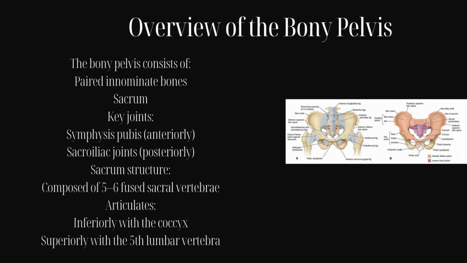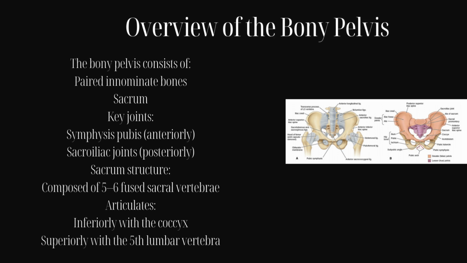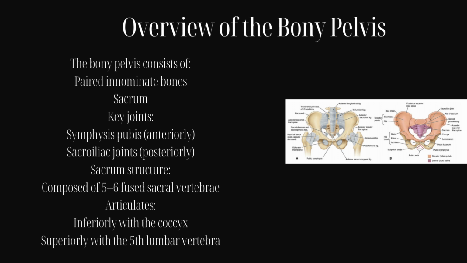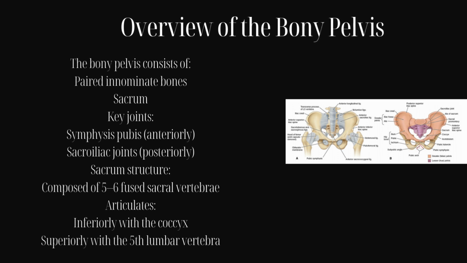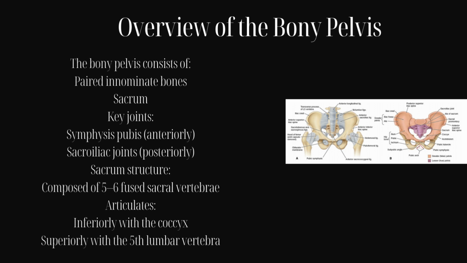The sacrum, which is made up of 5 or 6 fused vertebrae, connects inferiorly to the coccyx and superiorly to the fifth lumbar vertebra. Together, these structures create a strong yet flexible base that supports the weight of the body and accommodates the demands of pregnancy and childbirth.